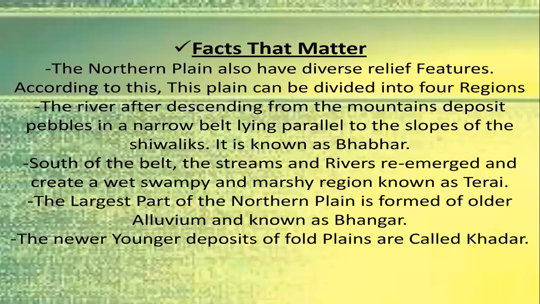South to the belt, the streams and rivers re-emerge and they create a wet, swampy, and marshy region known as Terai. And the largest part of the northern plain is formed of the older alluvium, also known as Bhangar. The newer and the younger deposits of the floodplains are called Khadar.